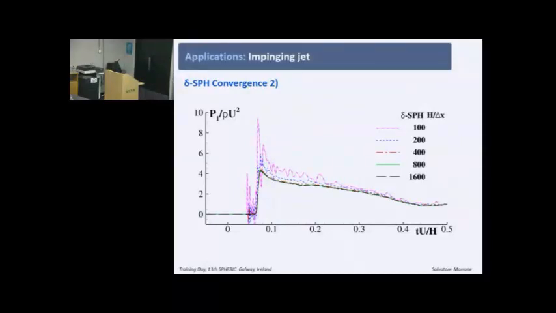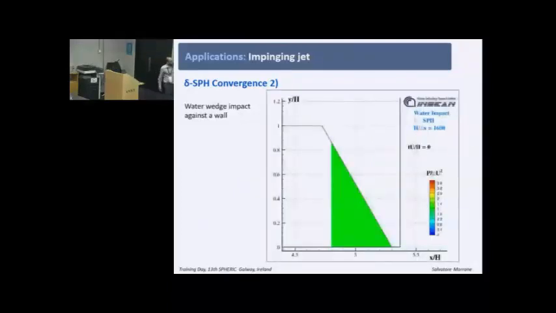And you can see that for the coarsest one, you still have some oscillation due to the fact that the particles have to rearrange in the high curvature zone close to the intersection between the fluid wedge and the wall.